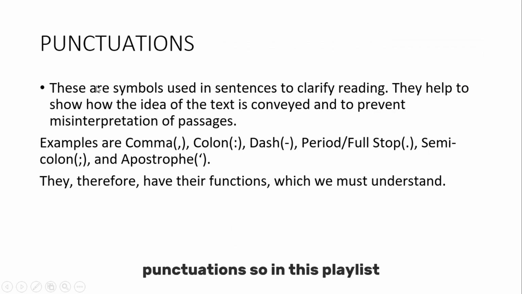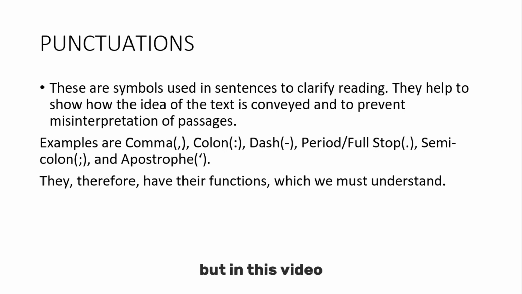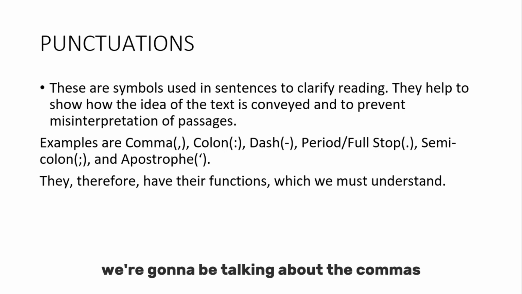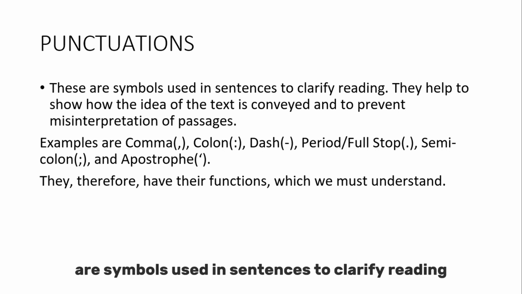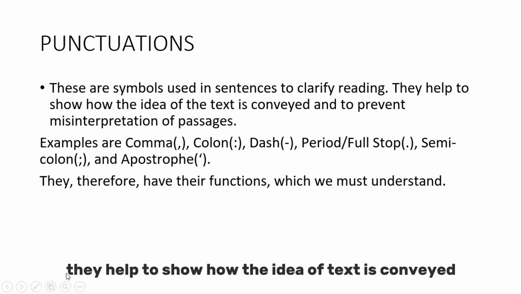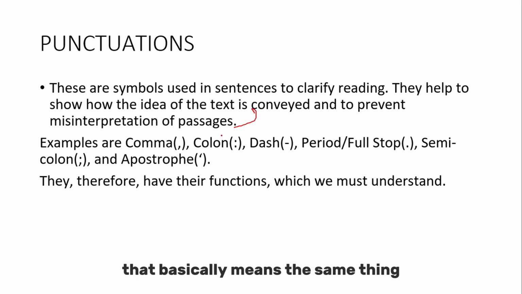So in this playlist we're gonna be talking about punctuation, but in this video we're gonna be talking about commas. Punctuation marks are symbols used in sentences to clarify reading. They help to show how the idea of the text is conveyed and to prevent misinterpretation of passages. That basically means the same thing.